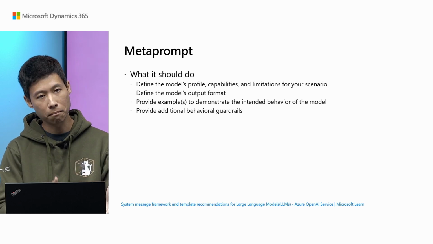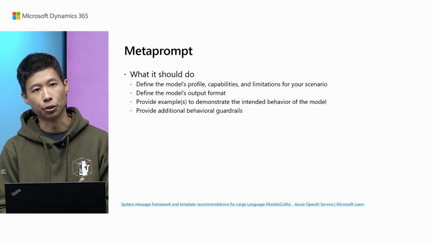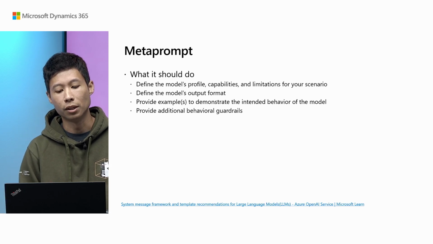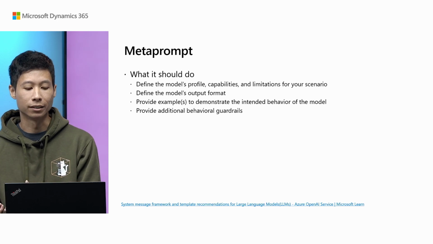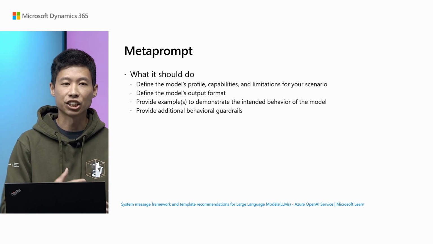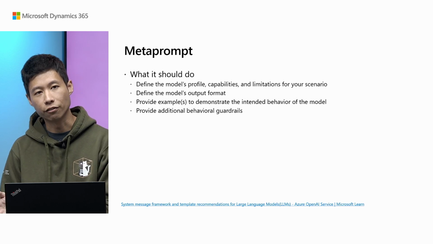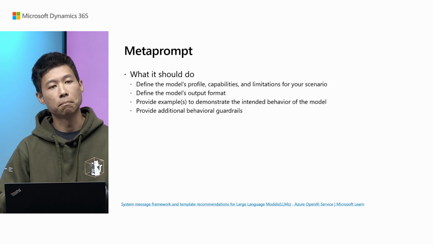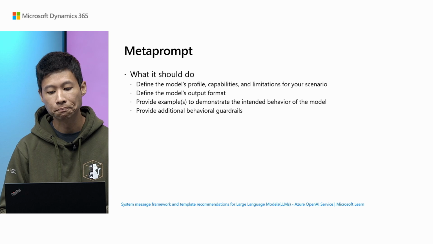For example, in my scenario, I'm expecting it to give me back some XML, which I'll show you in a moment. You should also provide examples to help guide the model to give you back what you want, and also provide additional behavioral guardrails such that it doesn't go off the rails and protects your end user, which Mike will talk a little bit about at the end about responsible AI.